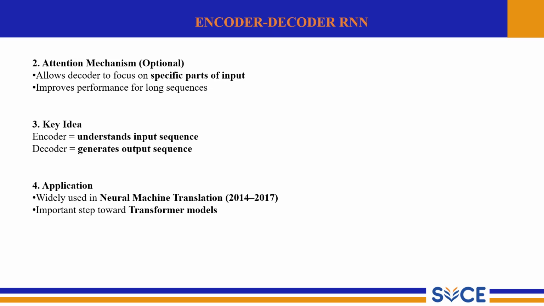For example, when translating a sentence, the model does not treat all words equally. Instead, it dynamically assigns importance to different words depending on what it is currently generating. This significantly improves performance, especially for long and complex sequences.